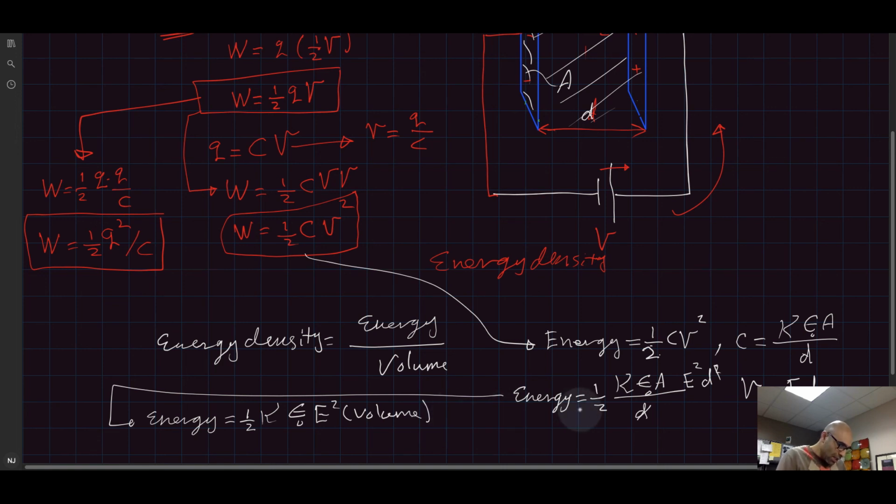All right? Now divide by the volume on both sides. The volume cancels here. Energy over volume, we called it what? Energy density.